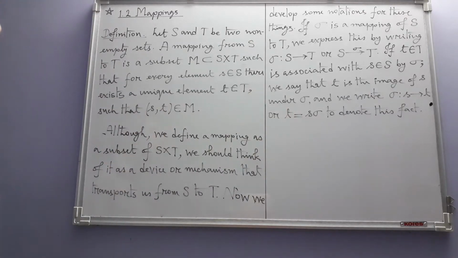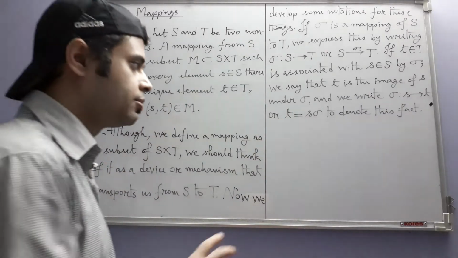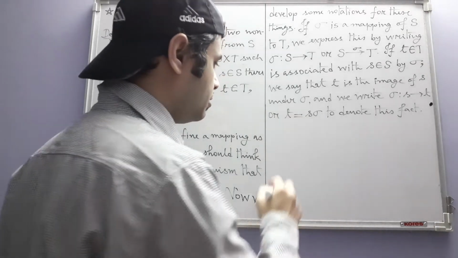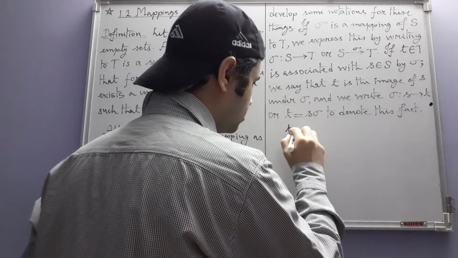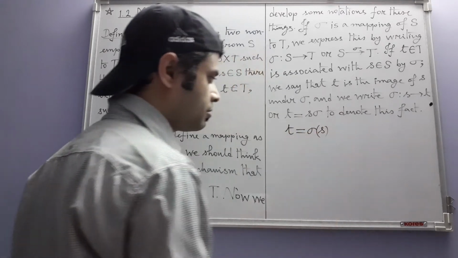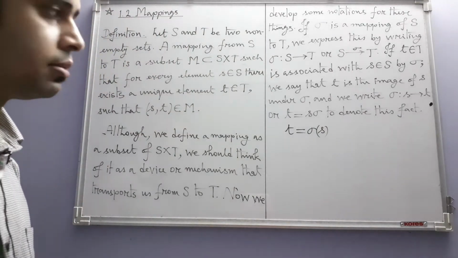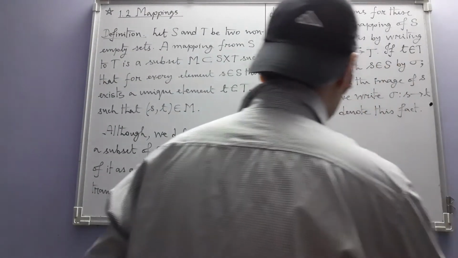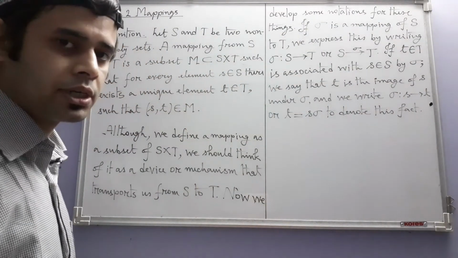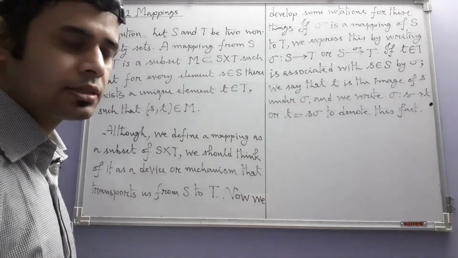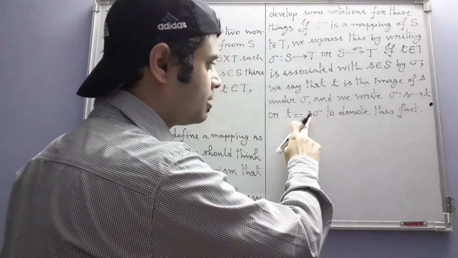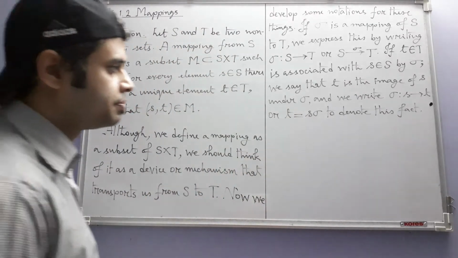Now here this may be somewhat unfamiliar to you. T equal to S sigma, you are more accustomed to seeing like this: T is equal to sigma of S. So there is a different type of notation that the author uses here, where he writes the mapping on the right side of the argument or the input.